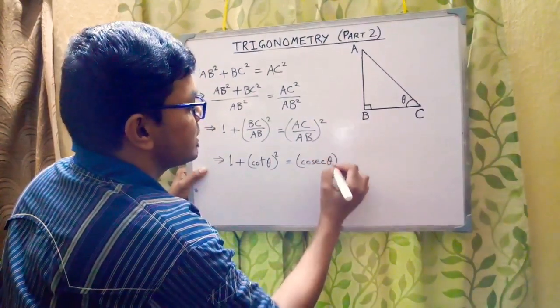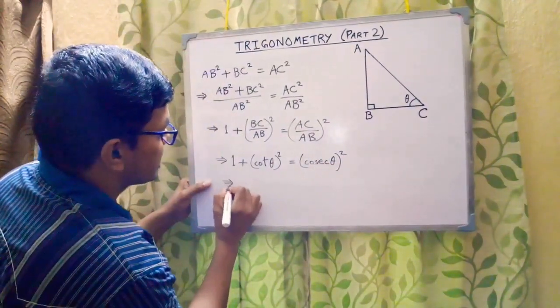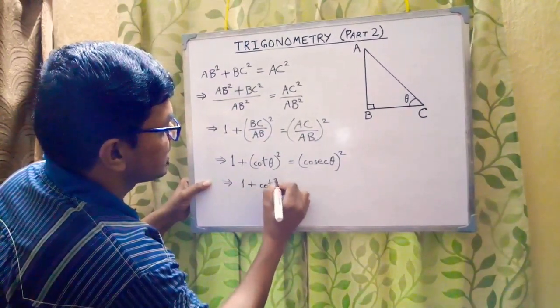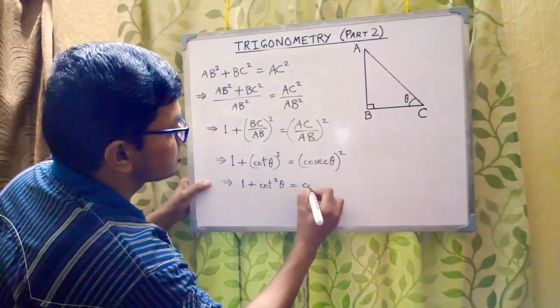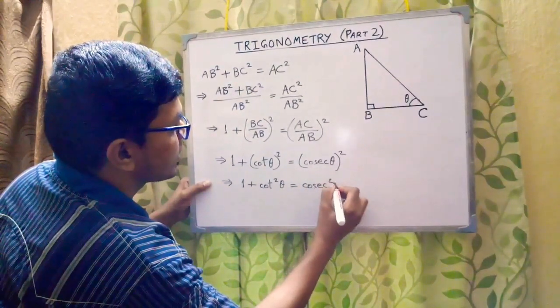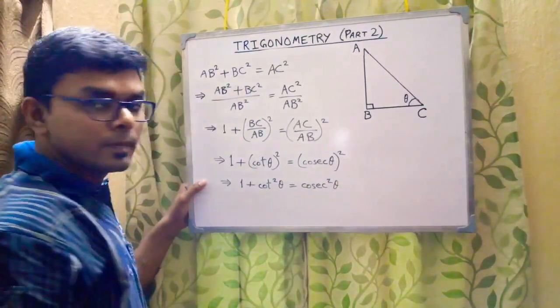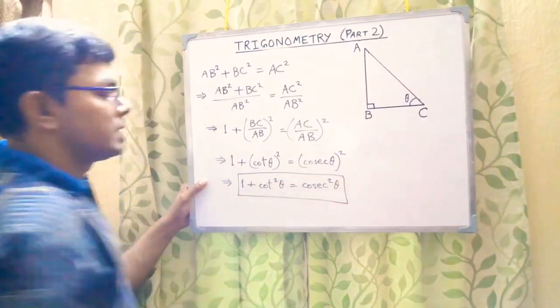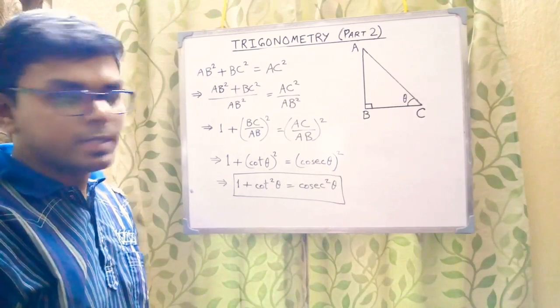So it is cosec theta whole square. So we can write 1 plus cot squared theta equals cosec square theta. This is again an important identity, right?